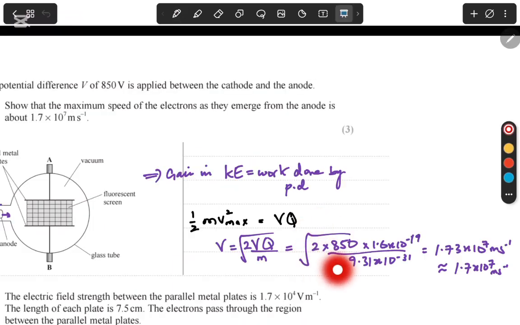And then you're going to solve it. You're going to plug in the value of 2 times the potential difference times the charge divided by the mass of the electron, and you're going to get the answer as 1.73 times 10 to the power of 7 meters per second, which is approximately what they gave you in the question. Remember to write it as 3 SF because in the question they gave you it in 2 SF.